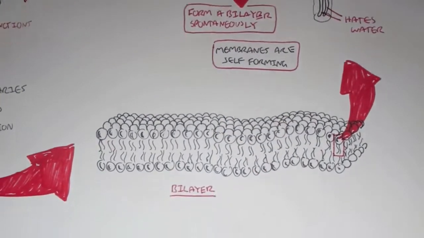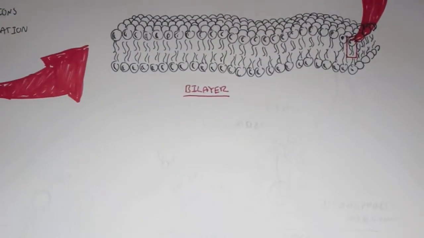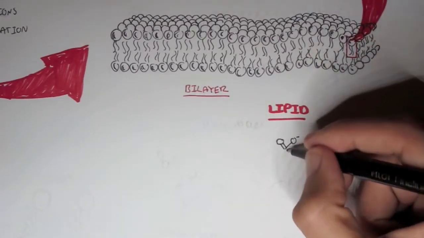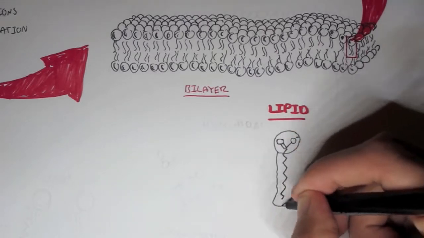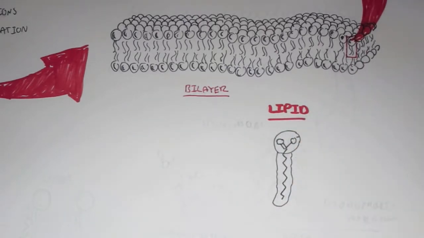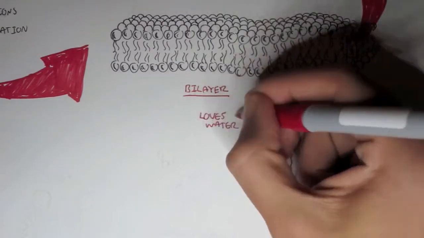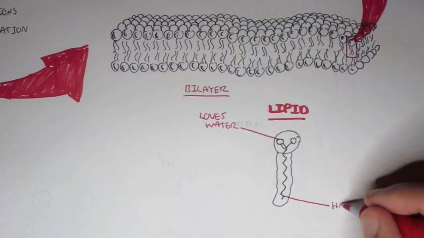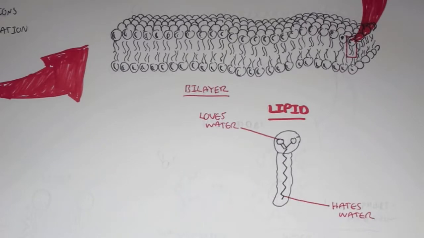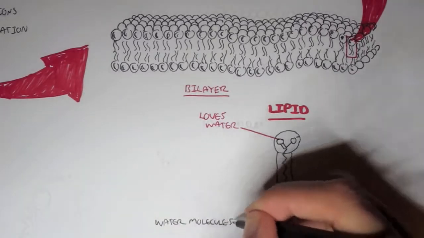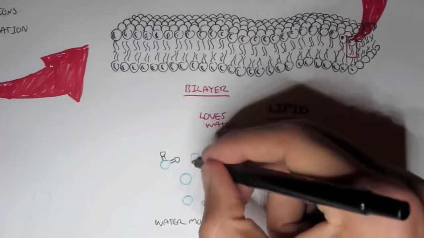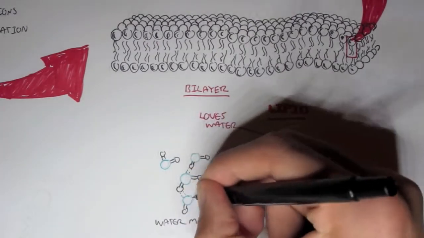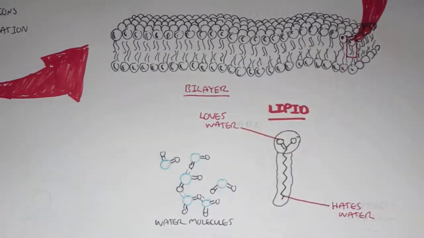So what does this mean? Let's look at an example, at a normal lipid structure. A normal lipid structure contains a carboxyl end and a long fatty acid chain. The carboxyl end is hydrophilic, you can say. It loves water. And the chain, the hydrocarbon chain, or the alkyl chain, hates water, it's hydrophobic. So what happens if you put this in a solution of water where water molecules reside?